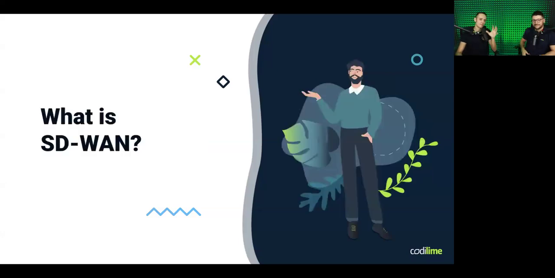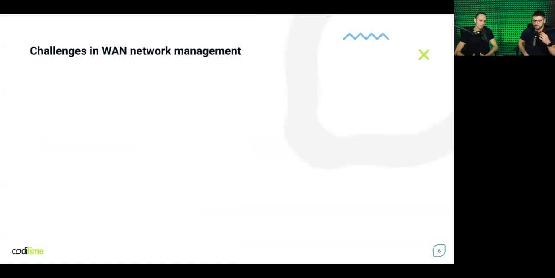Those were real-life examples, but I think it's hard to understand what SD-WAN is all about without the context of the legacy one. So when I personally hear the word WAN, the first thing that comes to my mind is scale.